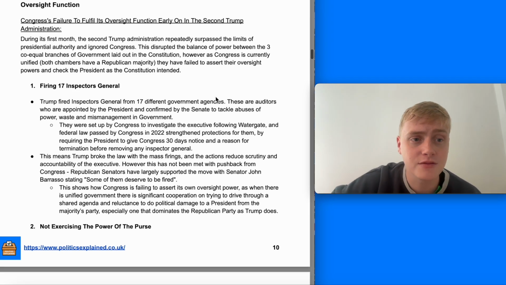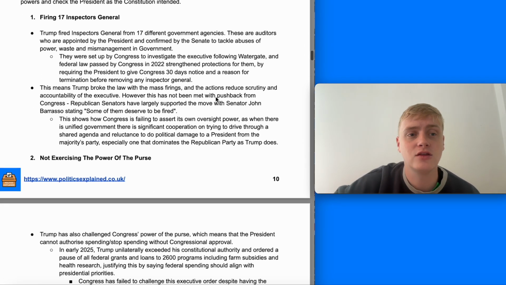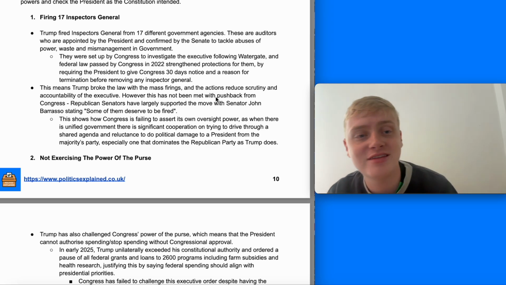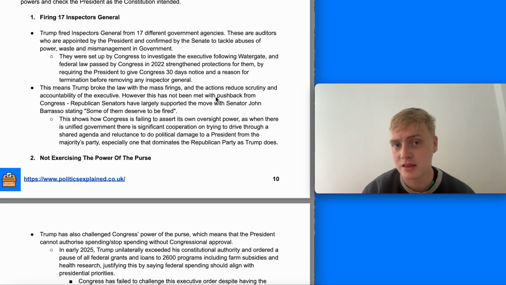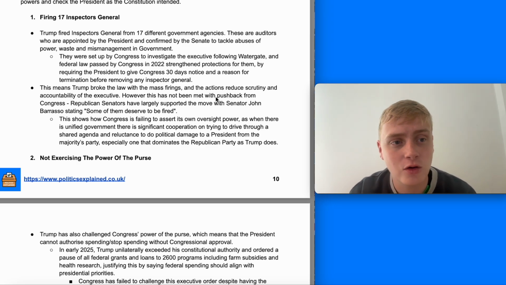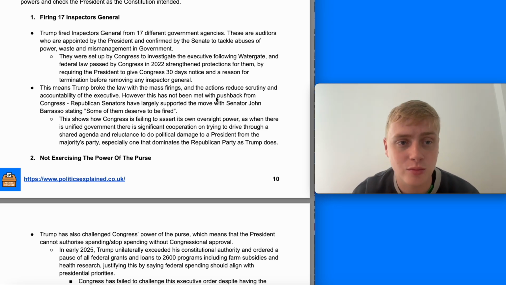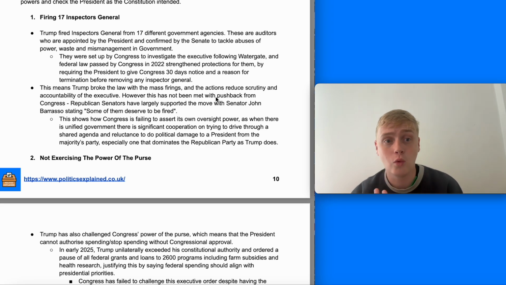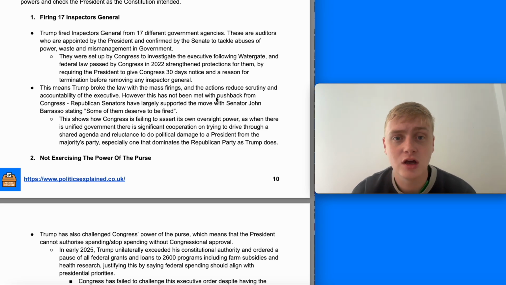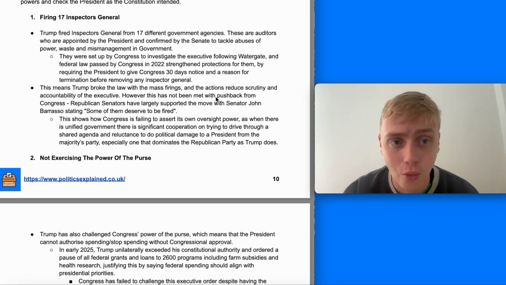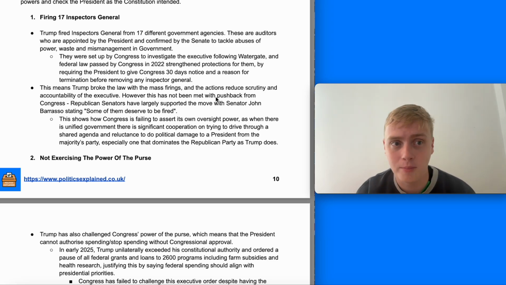The first key example of this is the fact that Trump fired inspectors general from 17 different government agencies. So these are auditors who are appointed by the president and confirmed by the Senate to tackle abuse of power, waste, and mismanagement in government, and they were set up after Watergate and are really important in holding presidential and executive departments and government agencies to account, and scrutinizing them and making sure that they're not wasting money, not abusing power too much, and not mismanaging.